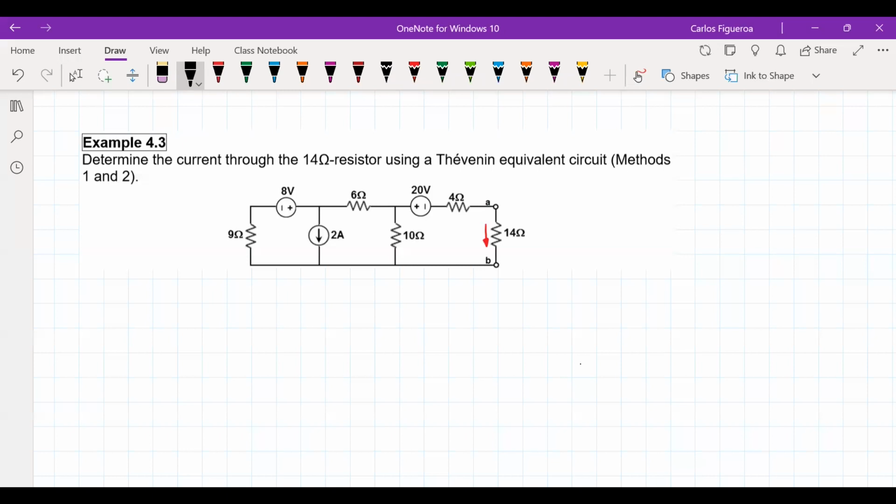So in order to determine this using Thévenin's equivalent, I need to remove the 14 ohm load and simplify the circuit if possible.